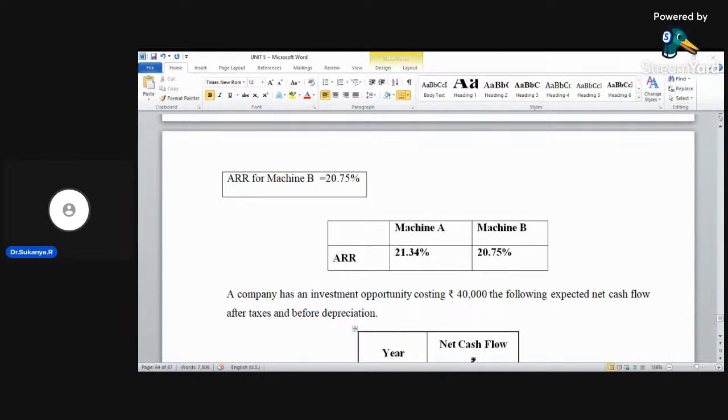When there are uneven cash inflows, find out the cumulative cash inflows and then the payback period. And when it comes to the ARR method, you first have to find out the average cash inflows after depreciation and after tax. Only after bringing it to that format should you go ahead with the calculation.